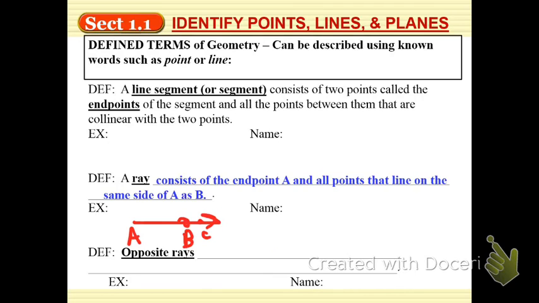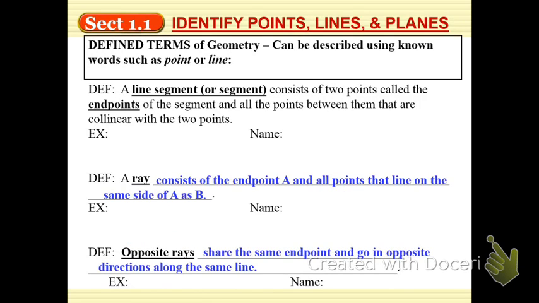So I would name this AB with an arrow over it, pointing to the right. Questions? Everybody have it? All right.